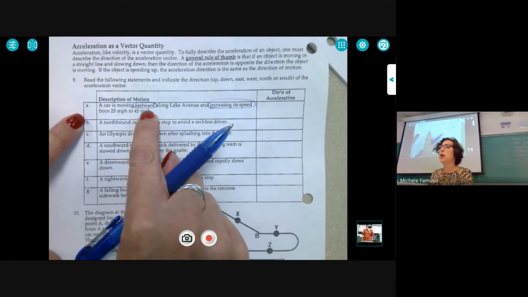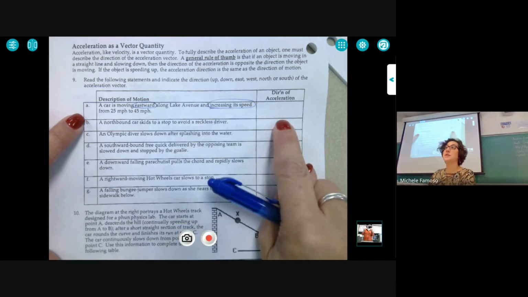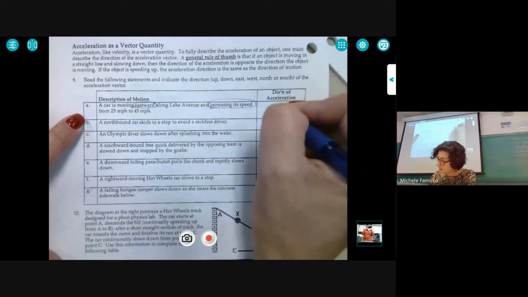What's the rule about acceleration and velocity when we speed up? This should be in your notes from yesterday. What's the rule about them? Jules? Same direction. So what's the direction of this acceleration? East, because we said it's headed to the east.